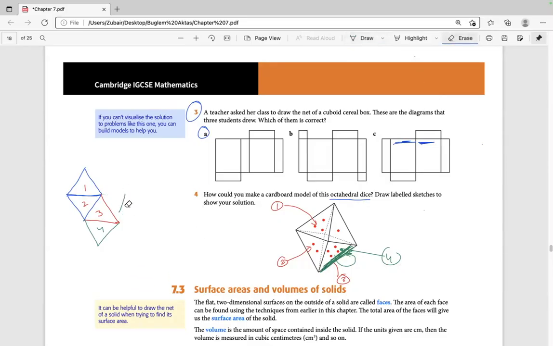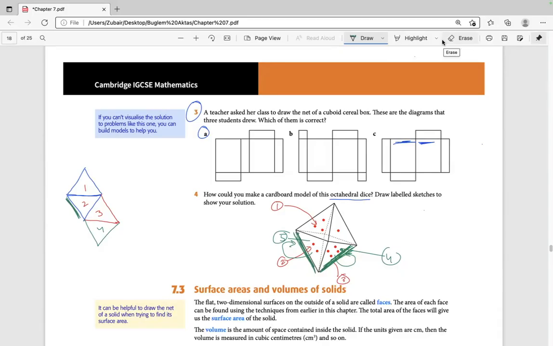So what have we done yet? 1, 2, 3. And if I just look at this side and look at the face at the back and number it 5, this side is right here, right beside it. We'll come to that side one by one.